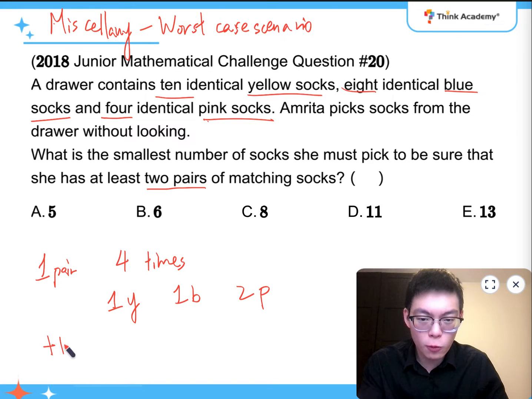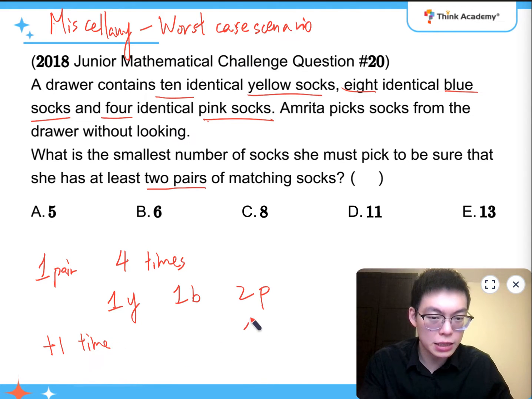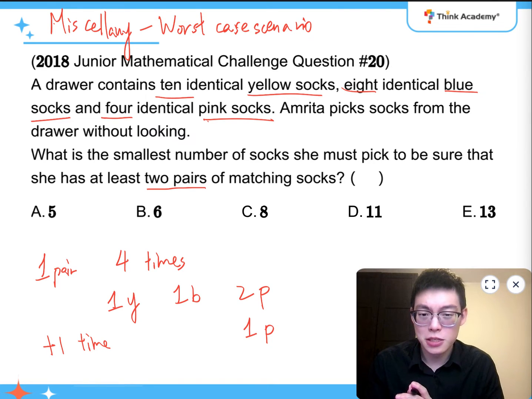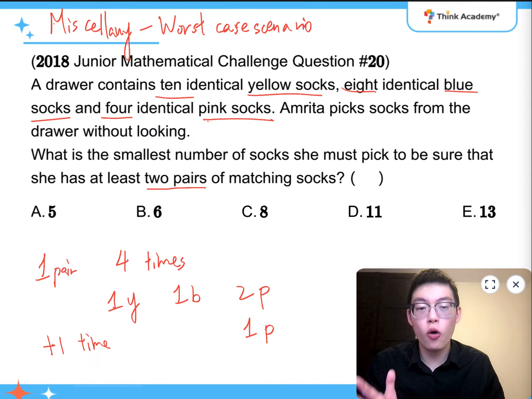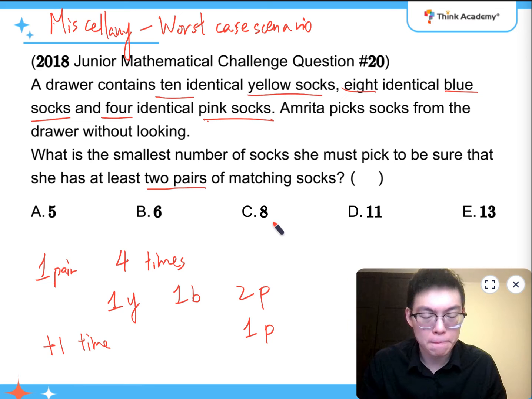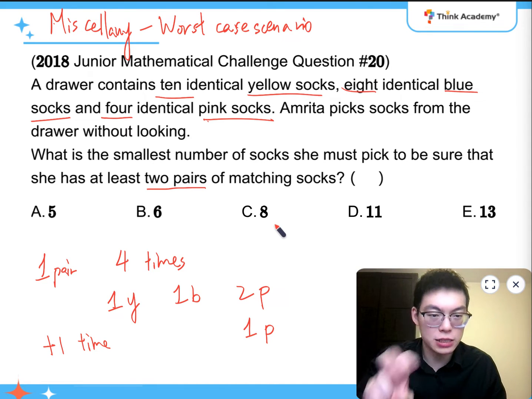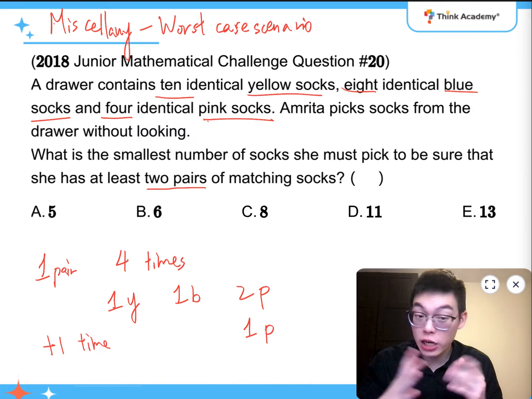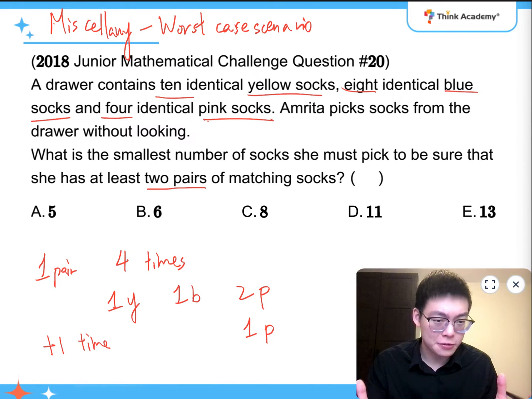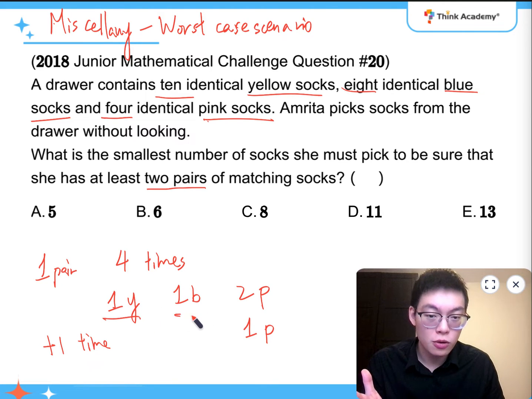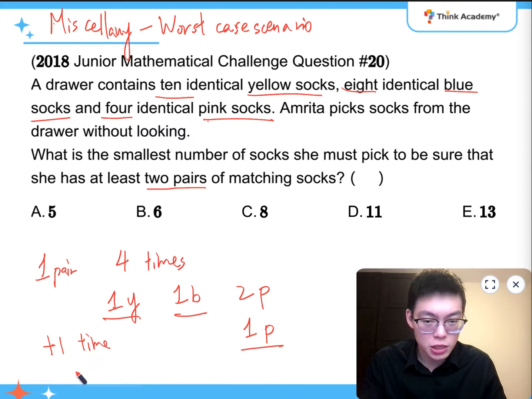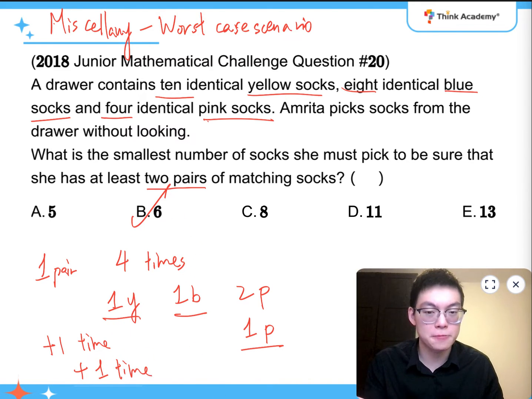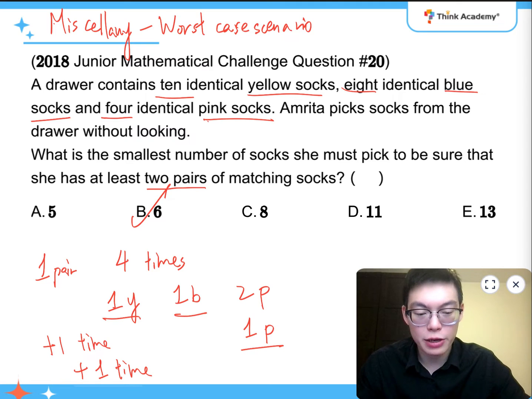Because if I'm adding 1 time, I can just pick another pink sock, if I am that unlucky. So it means that I need to draw a sock 1 more time to make sure that I have 2 pairs of matching socks. Because now, whichever color I am drawing, it's definitely going to form a pair with these single socks, right? So we need to add 1 more time, which makes the answer 6. Does it make sense? All right, so this is like the worst case scenario in miscellany.